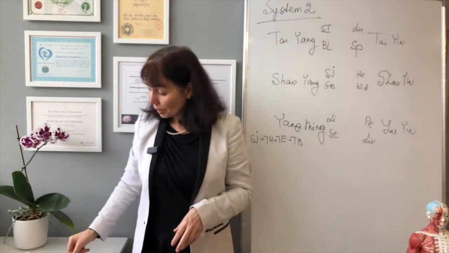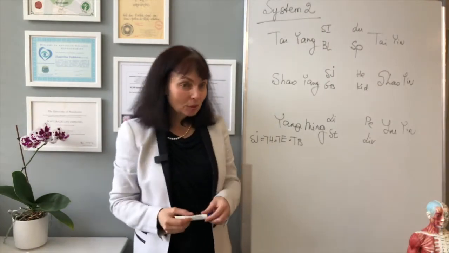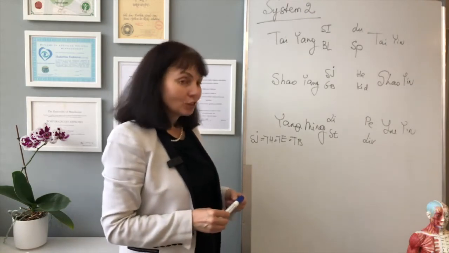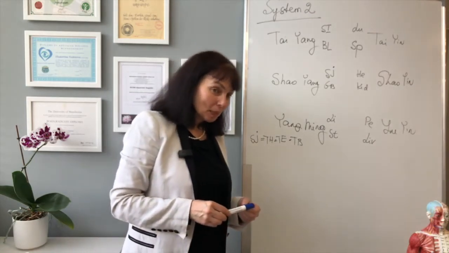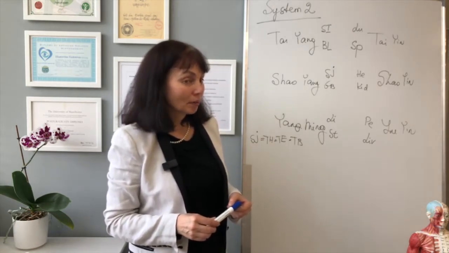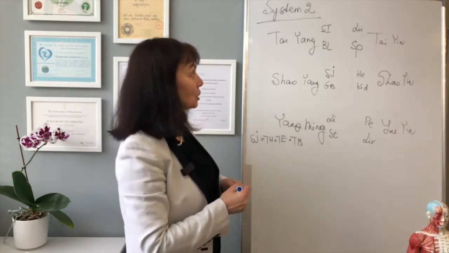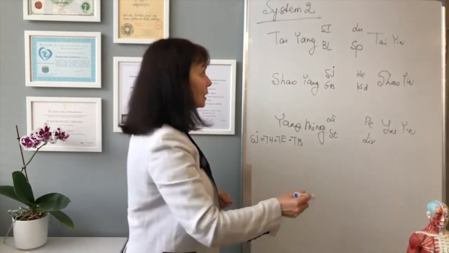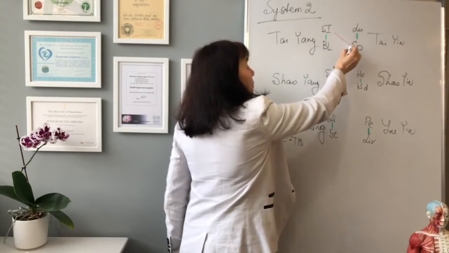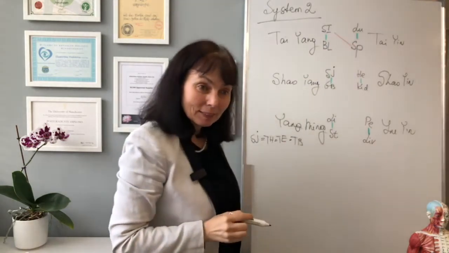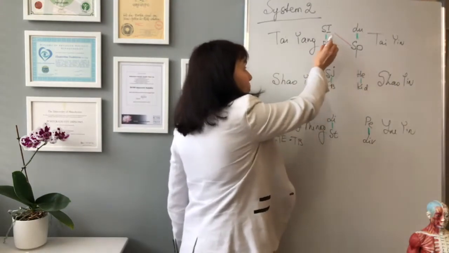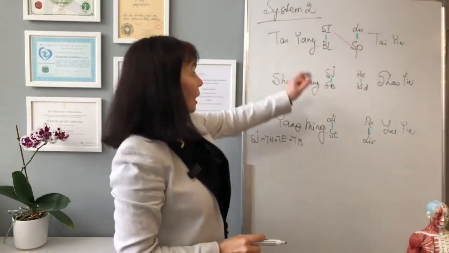So, system 2 says that the branches of the same meridian will treat each other. In this case, small intestine will balance spleen, and spleen will balance small intestine.